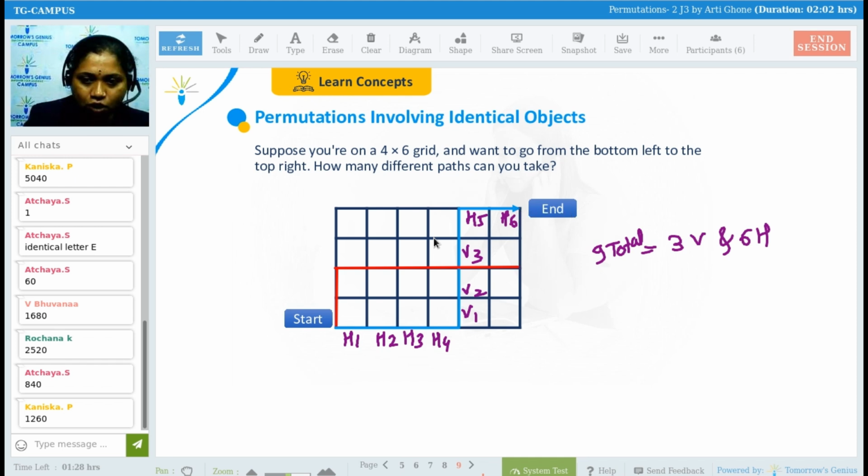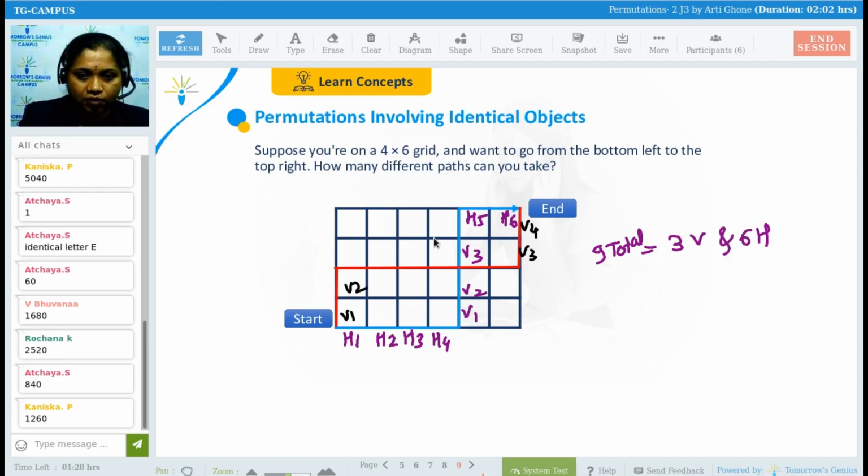Now calculate how many horizontal and how many vertical I am taking. With black I'll calculate. Sorry, these are vertical. V1, V2, V3, V4. 1, 2, 3, 4. This happens because this is a rectangle, not a square.